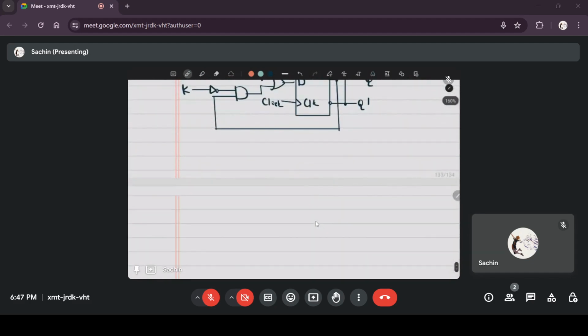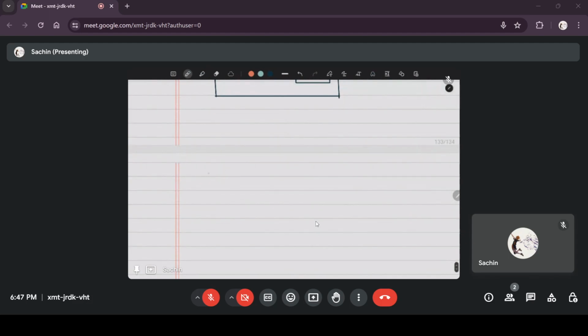We are asked to write the table for the JK flip flop.